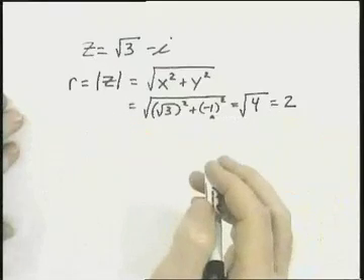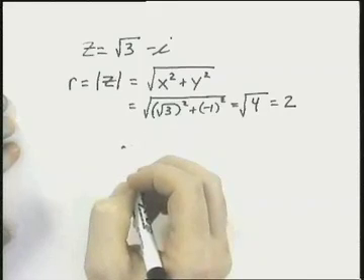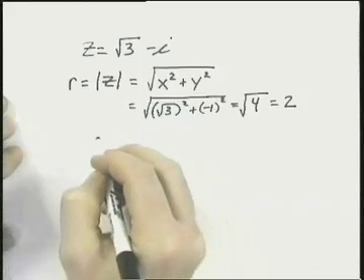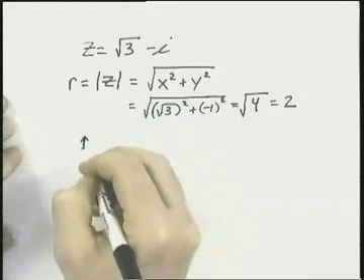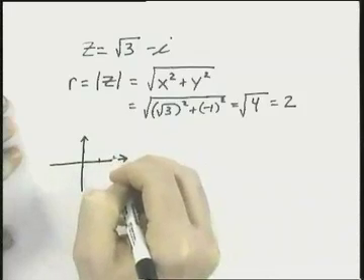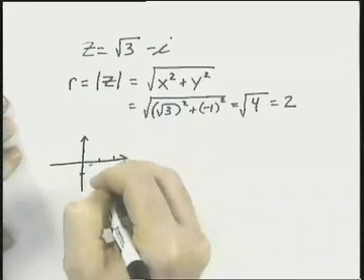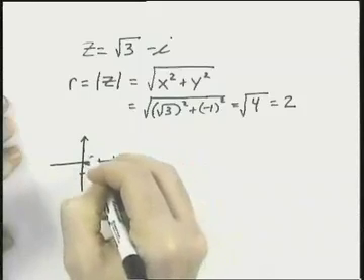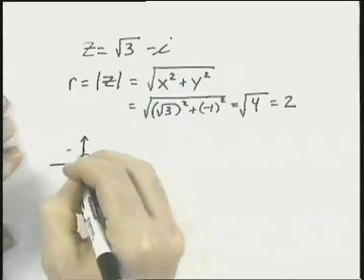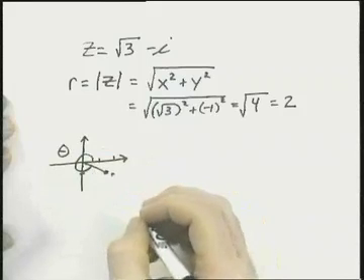Now what I need to do is find the angle theta, where theta is going to be a value between 0 and 2 pi. It helps to remember what the graph of this particular point looks like. Remember, the point was right over here in the complex plane. So what we're looking to do is find this angle right here, theta. How can I find that angle theta?